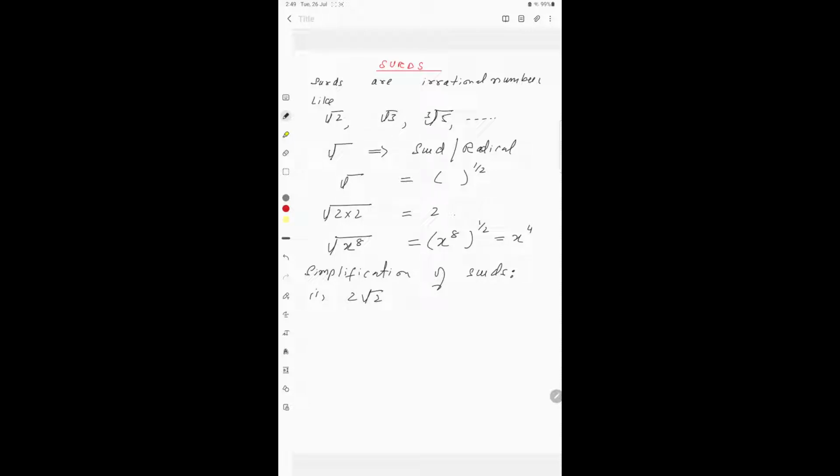Suppose 2 under root 2 is multiplying by 5 under root 6, then the number outside the surd sign get multiplied, become 10, and inside the surd sign get multiplied under the sign. You can simplify 6 as 2 times 3. So this will be 2 under root 3, which is 20 under root 3.